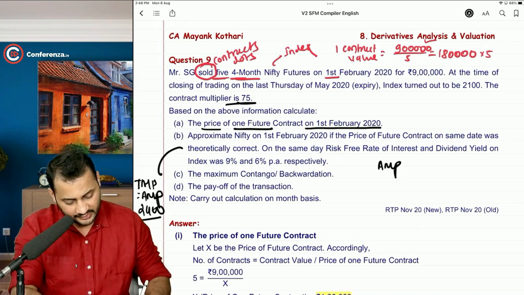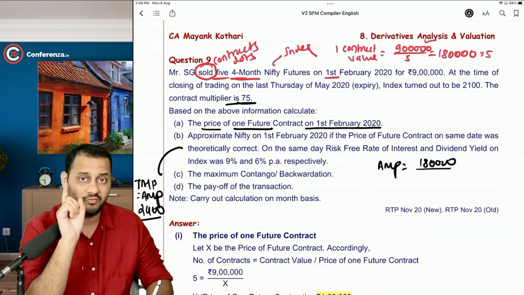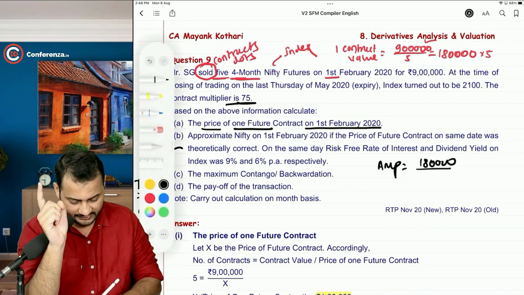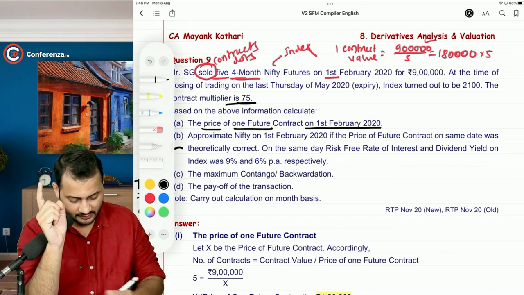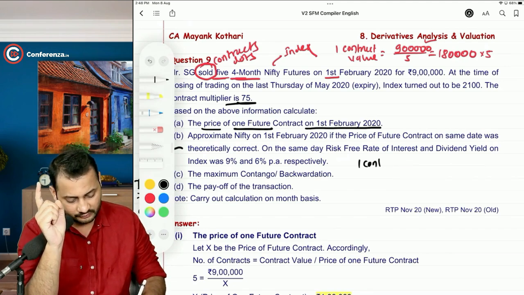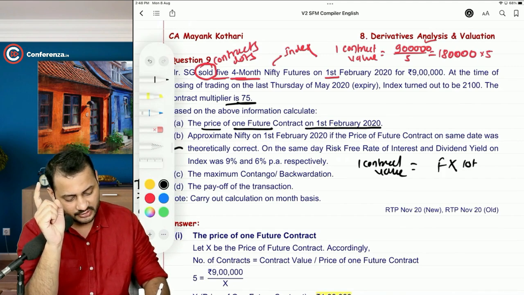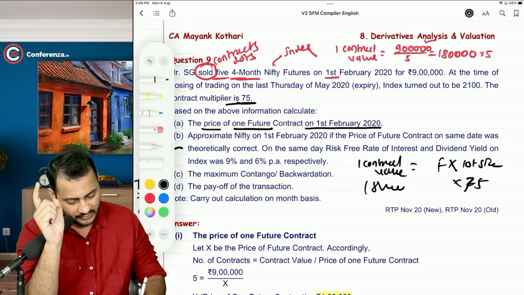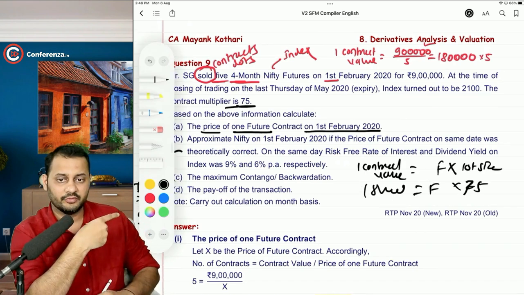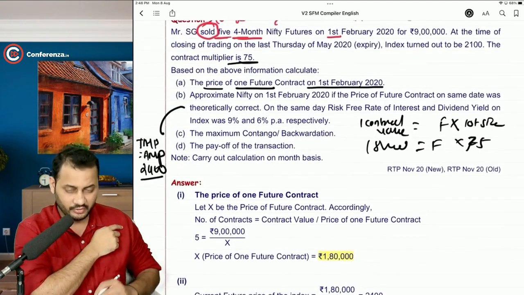Sir, actual market price: 1,80,000 is the total value of one contract. Or we can easily calculate it like this. Understand? One contract value is equal to futures price into lot size. Lot size is 75. Contract value is 1,80,000. You can easily calculate the futures price, which comes to 2400.